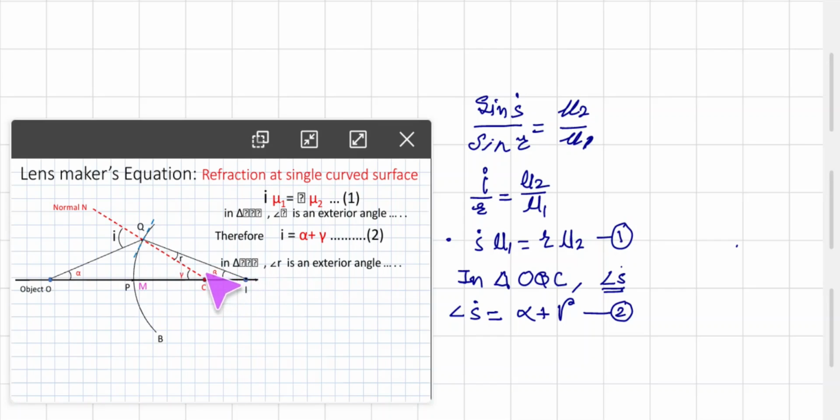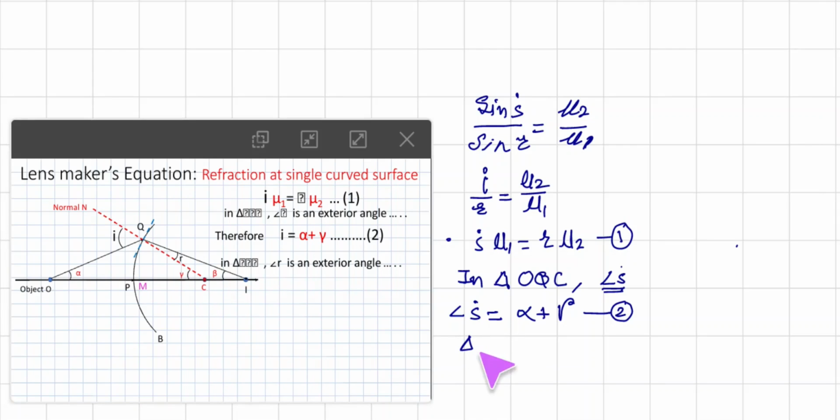Now here again we have to find out the value of R. So considering the angle IQC, here you see that the part of this angle in the triangle is angle beta, angle R. But if you consider this side, you see that gamma is an external angle for the triangle IQC.